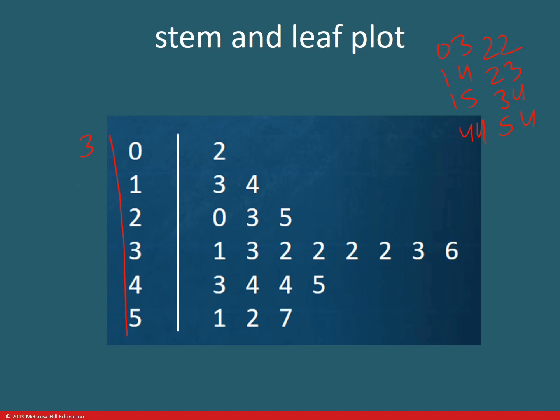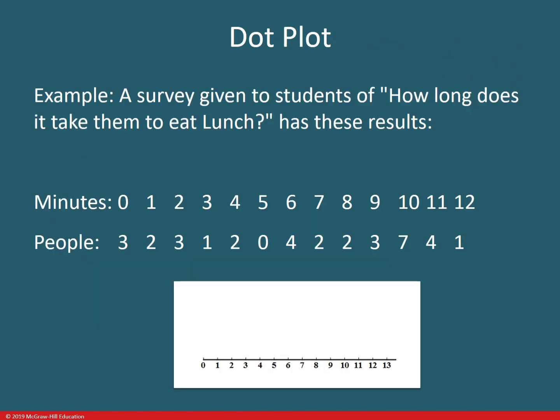This is how you would compare. You just put another line to the left of your stems and create another branch of leaves, if you had two separate data sets to compare.